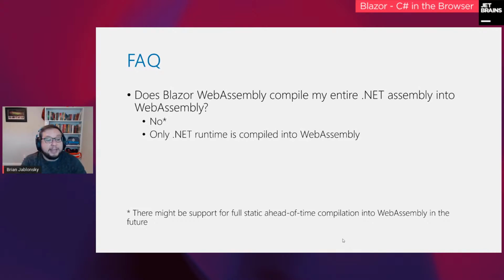Now, the caveat here is there might be some future static ahead of time compilation that they're working on. We were hoping to have this done by the Blazor 3.2 launch back in May. There's a lot of underlying work that has to be done with the .NET runtime to be able to compile it into WebAssembly, and that's not part of Blazor's wheelhouse.